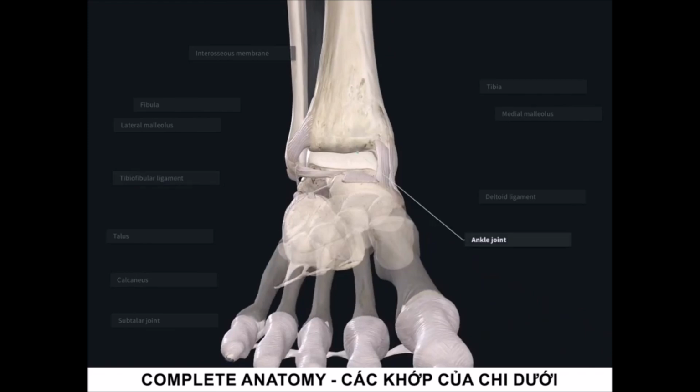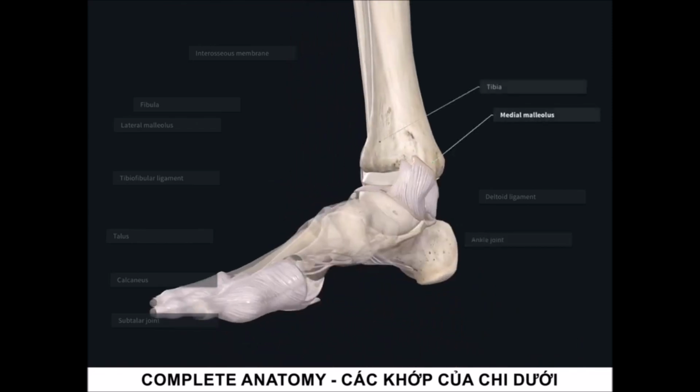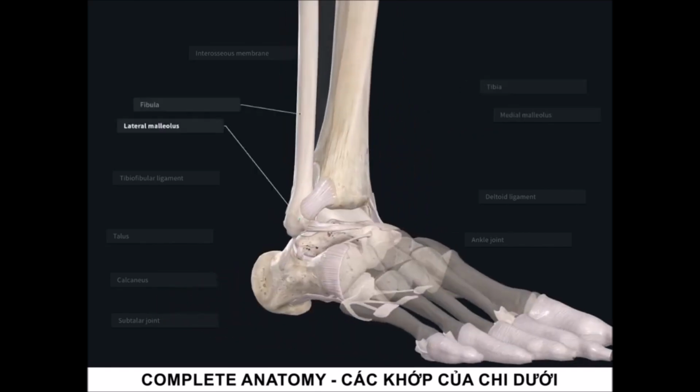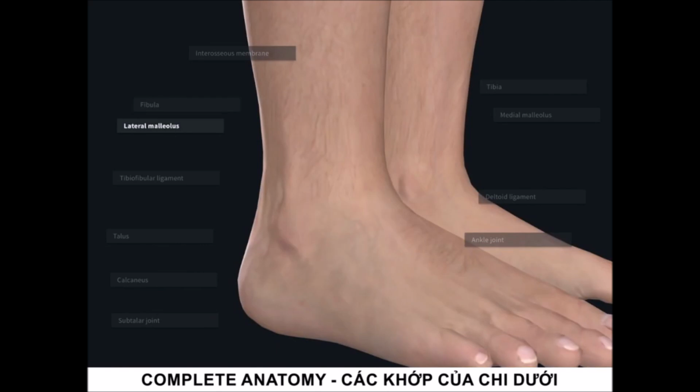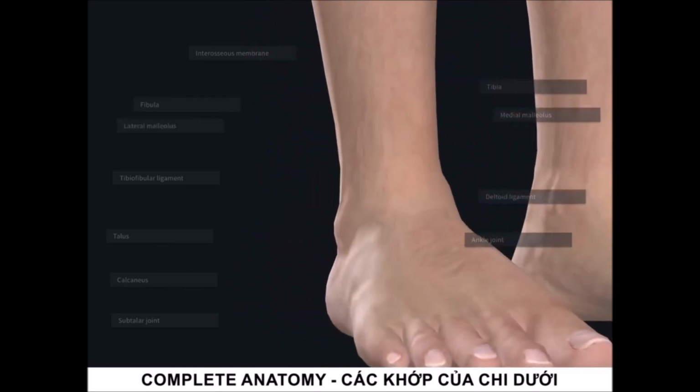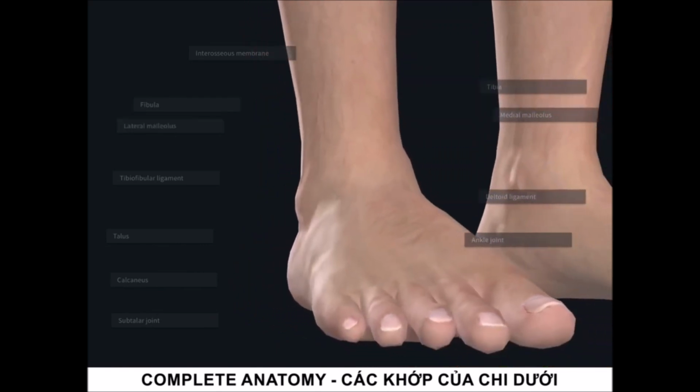So let's move to the ankle joint proper. The ankle joint can be approximated by looking at the prominences of the medial and lateral malleolus with the skin on, which approximate the line of the ankle joint right here.